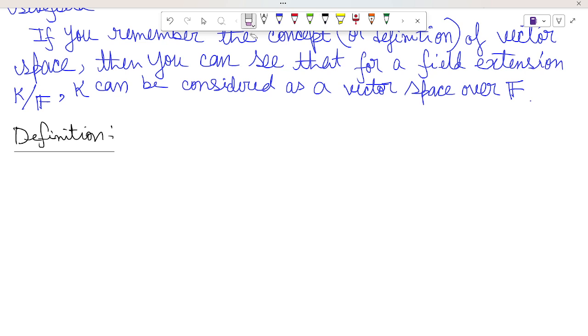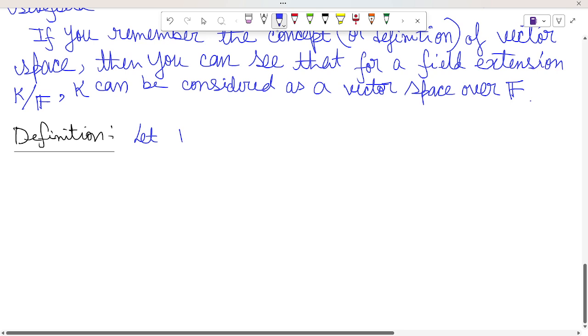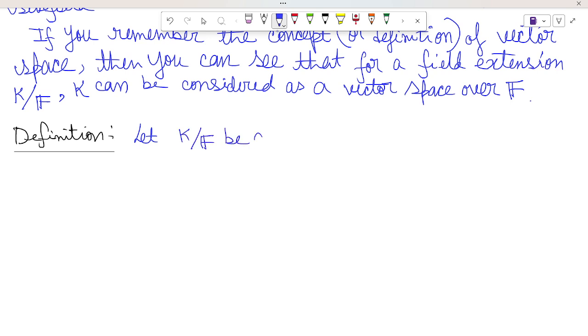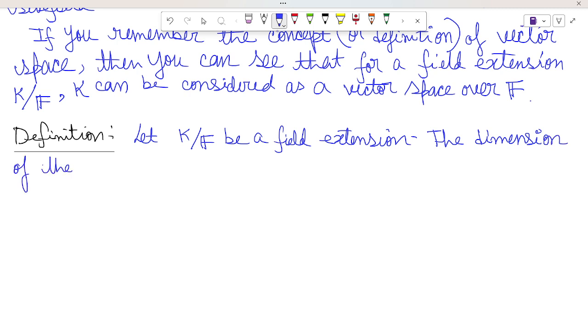The dimension, I will come into the examples, don't worry, is called the degree of extension.